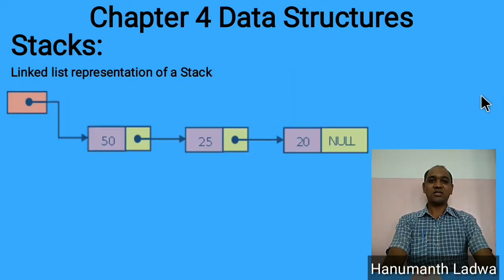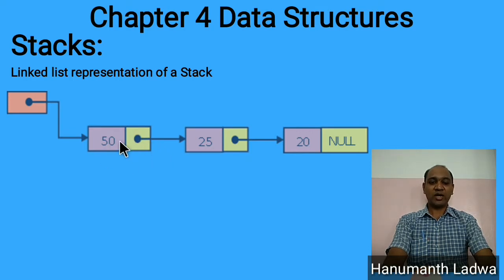Now let us see the second method, linked list representation of a stack. A linked list consists of nodes. This particular diagram represents a node consisting of two parts. The first part is data and the second part is link, or we call it a reference.